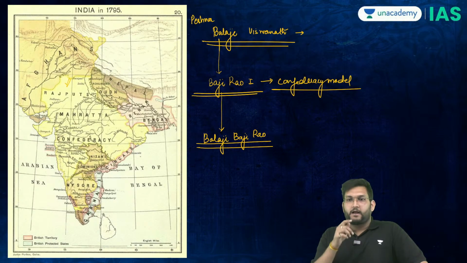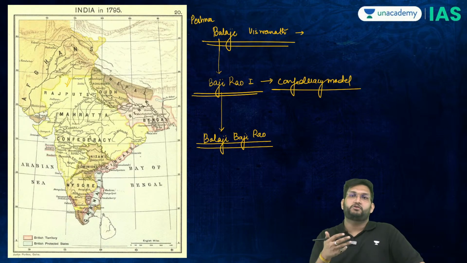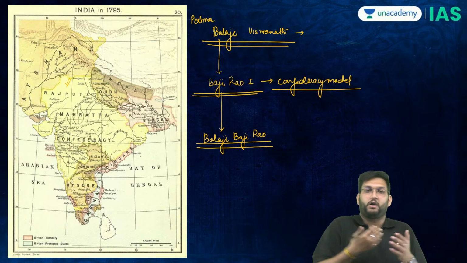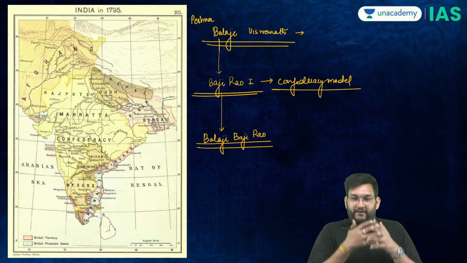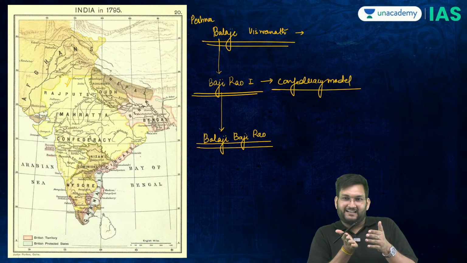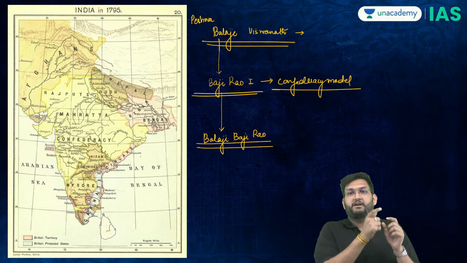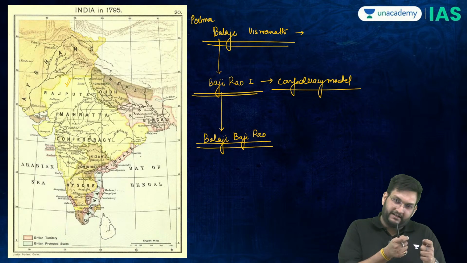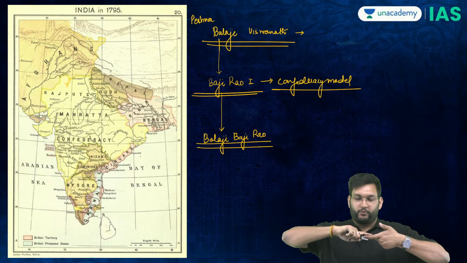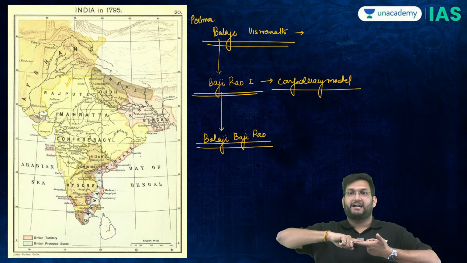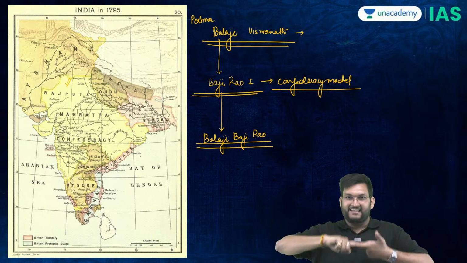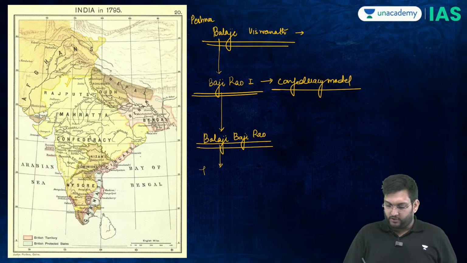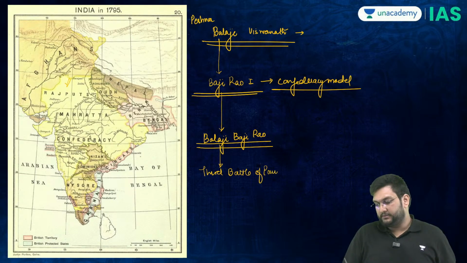This is where Balaji Bajirao gets involved in a conflict wherein the Marathas had removed a governor of Ahmad Shah Abdali, an invader who had entered India multiple times. This puts Ahmad Shah Abdali and the Marathas at odds, which in turn leads to the Third Battle of Panipat in 1761.